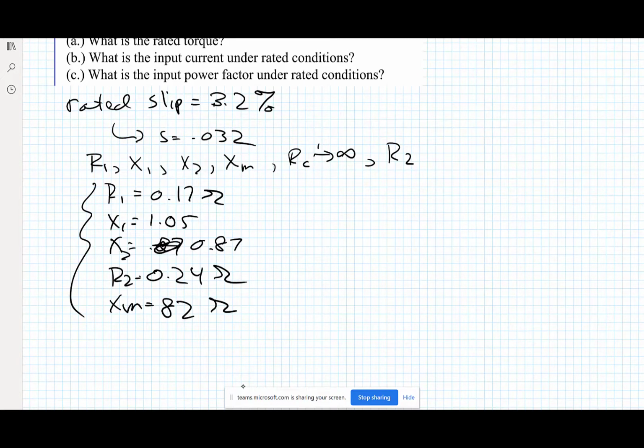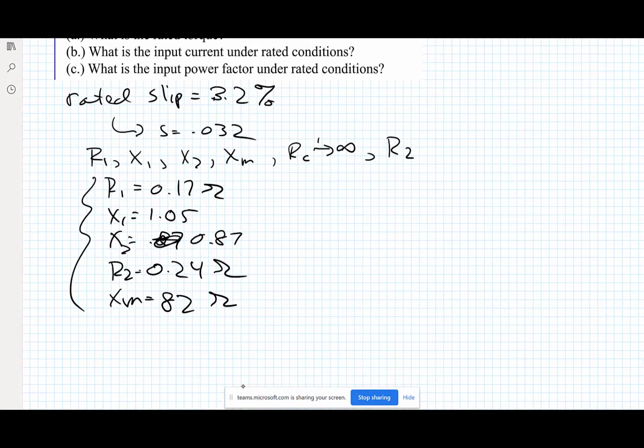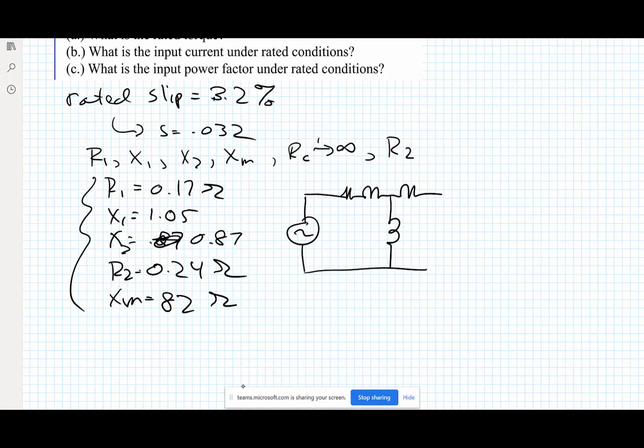And if I want to find the rated torque, the easiest way to solve this problem is to use the first equivalent circuit that I gave you, which is this one. We don't have the RC in there.